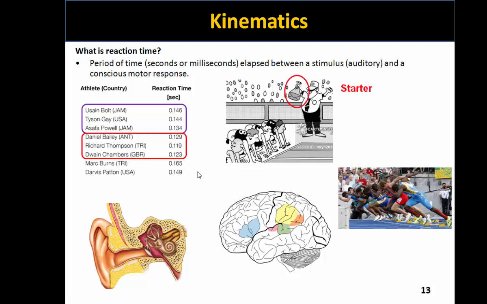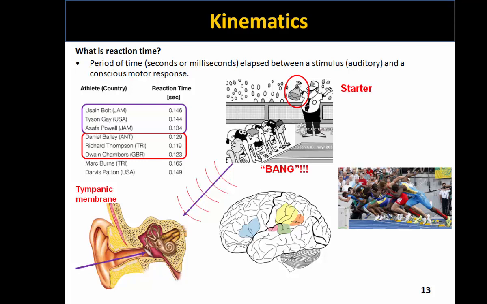So when we take a look at what factors into this reaction time, it always begins with some sort of auditory signal. Because the starter is standing at some distance, once that starting gun goes off, the sound produced by that gun generates vibrations within the air molecules, which then travel to the ear and reverberate in the middle ear against something called the tympanic membrane, which is analogous to banging a musical drum.